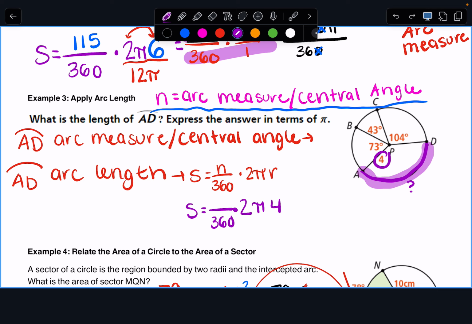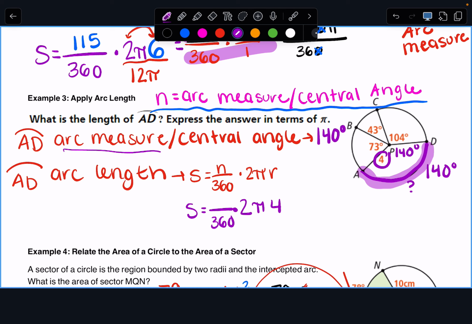And it looks like when we do, we're left with 140. So if I add up all four of those central angles now, they should always add up to a full circle, 360. If that is the central angle, whatever arc it opens up to is the arc measure, 140 degrees for both of those. So we're going to need to know that in order to find the arc length.